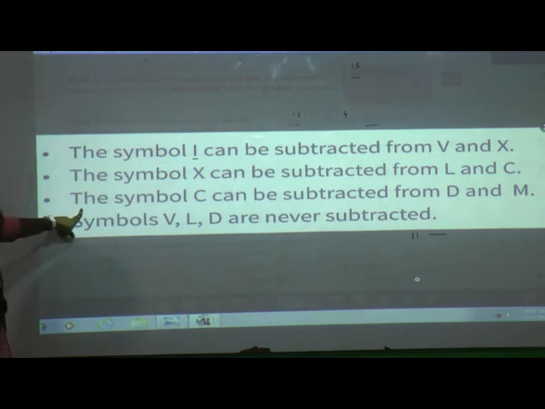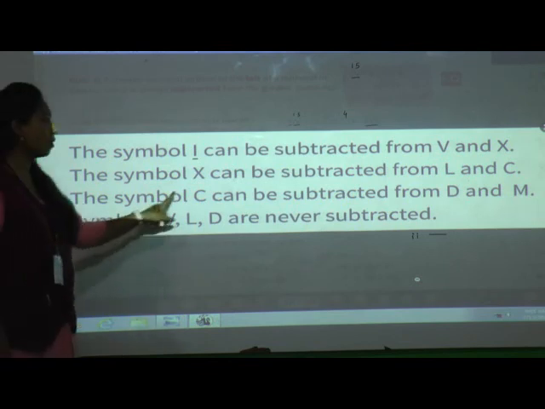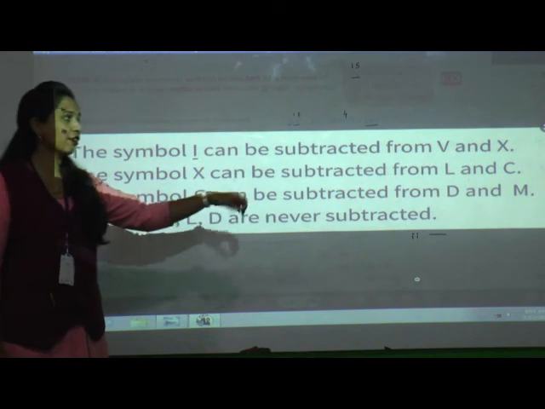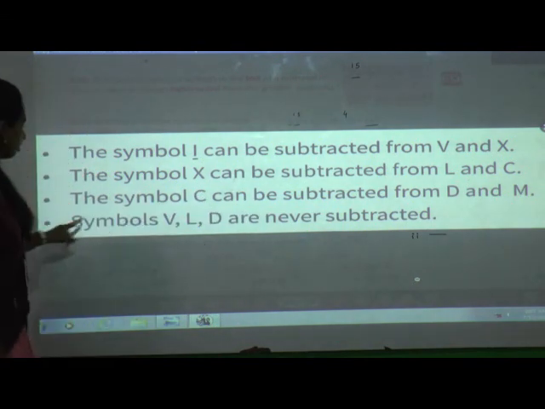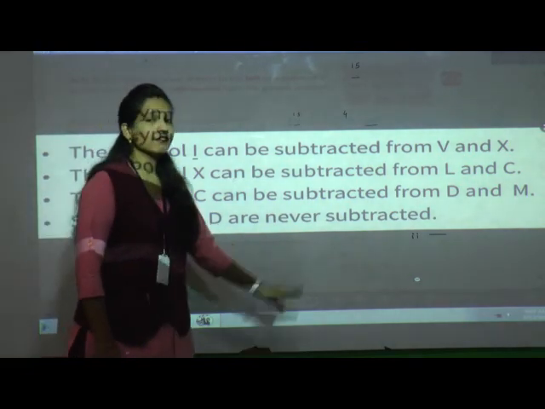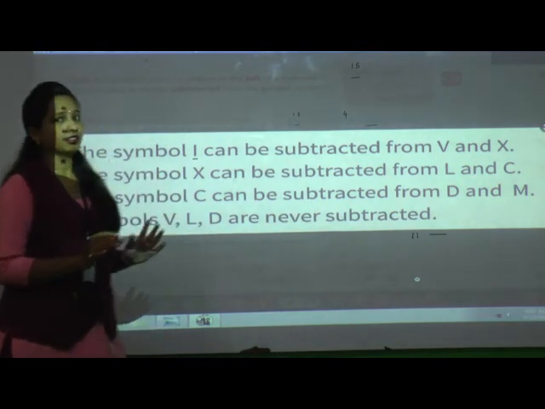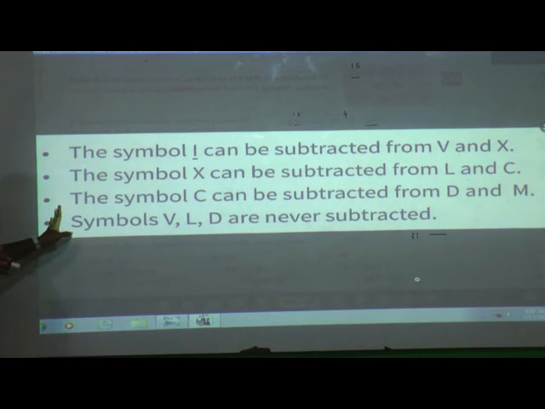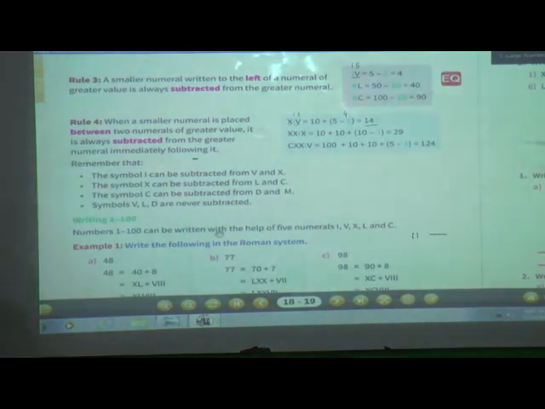And the last, again what is there? The symbol C can be subtracted from D and M. The symbols V, L, D are never subtracted. Okay? Got it till here? So this you have to keep in your mind.